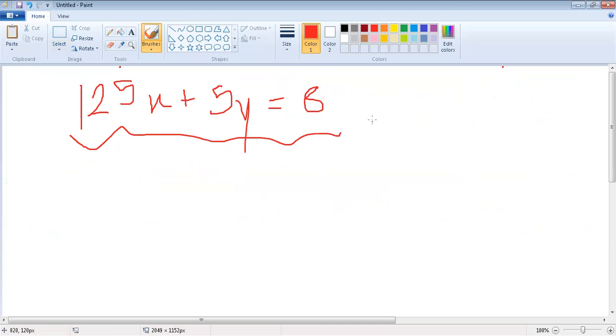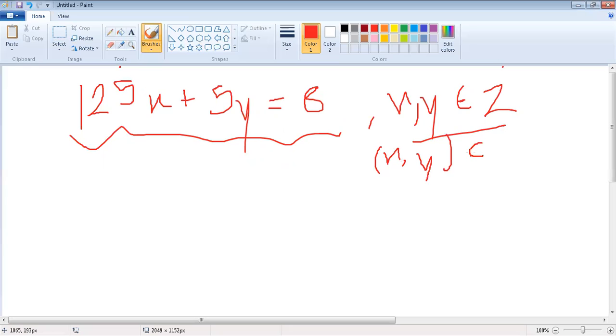Suppose we were given that x, y belong to integers, and we have to find all integer solutions to this equation, all x comma y belonging to Z. So how do we go about it? First of all, for any equation, you should try to find solutions. And if we are not able to, there might be a chance that the equation has no solution at all.